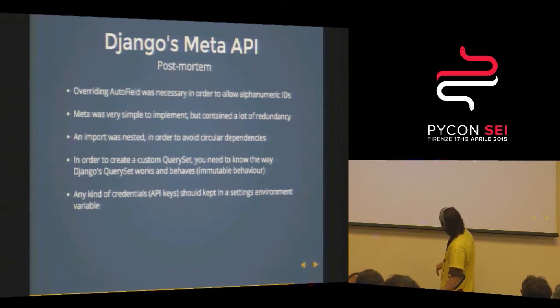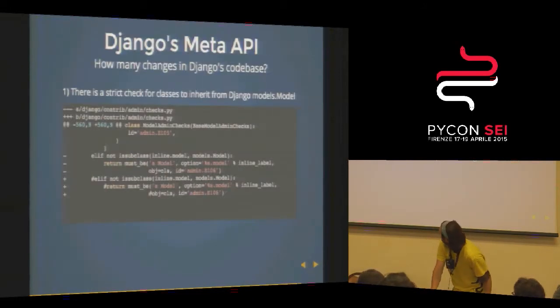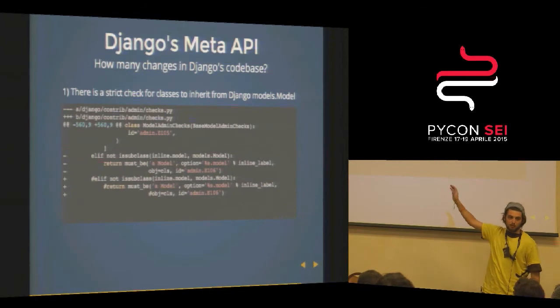So, a little post-mortem. Yeah, I had to override autofield. Meta was really easy to implement. So I definitely advise you, if you want to have fun, you can try with that. You need to know a lot about Django's query set. And there's also a lot of security concerns in this case because you're keeping API keys. The other thing, this is the only change I did inside Django's framework.